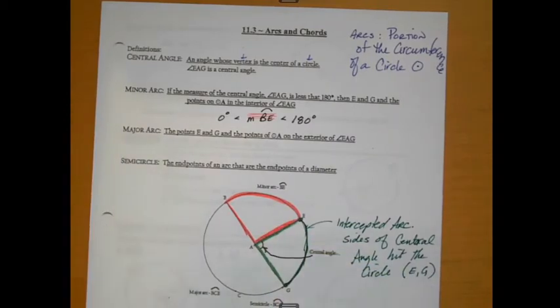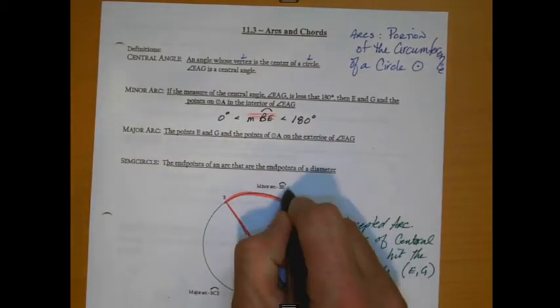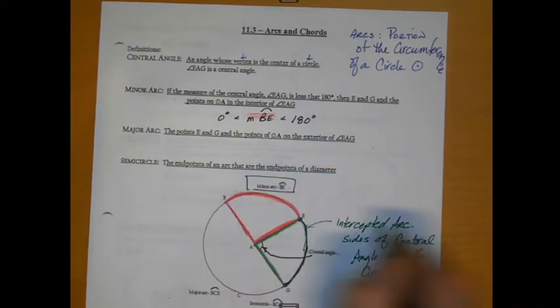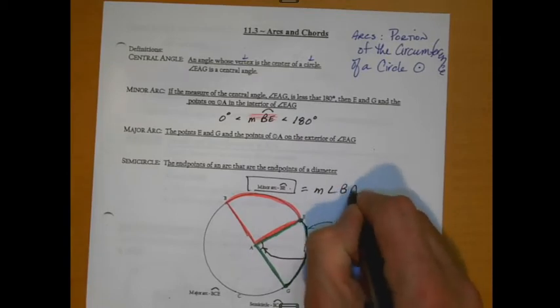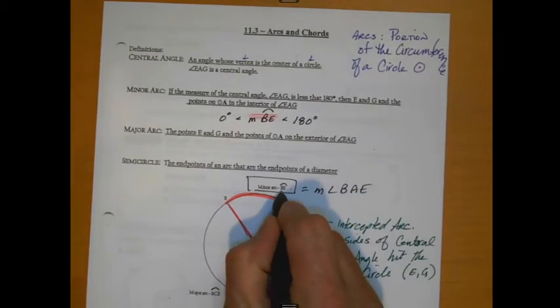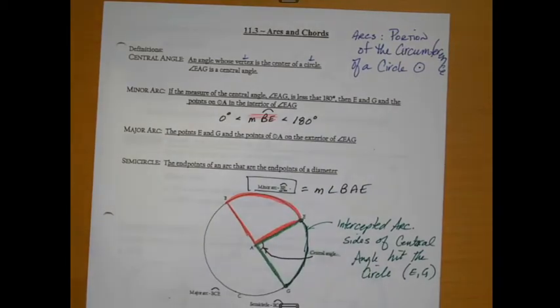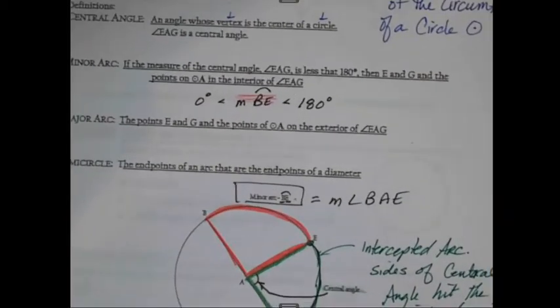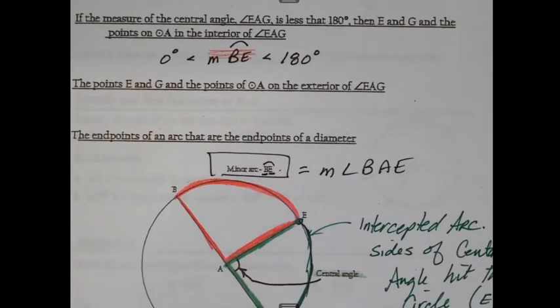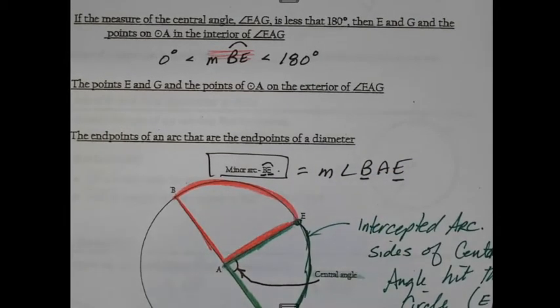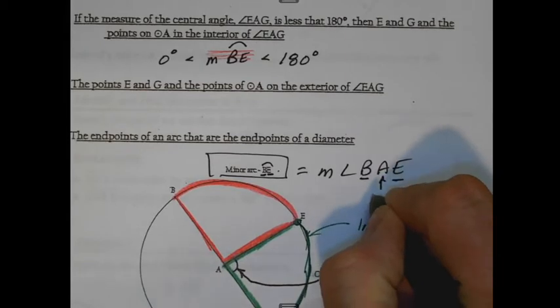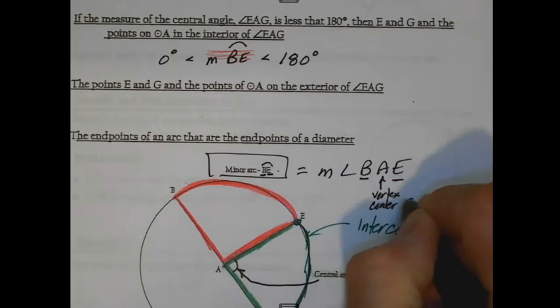So in that case, we have an intercepted arc, a minor arc BE, and it is going to equal, and we're going to talk about this, the measure of angle BAE. If you notice, the points where it hits the circle, B and E, are the two endpoints of that arc. The central angle also has B and E, with A being the vertex.